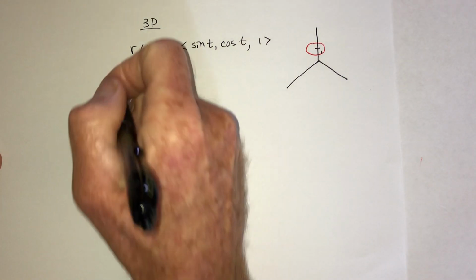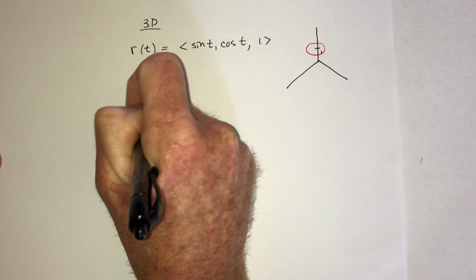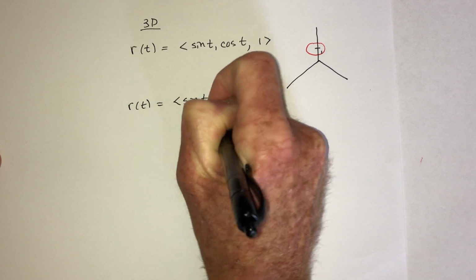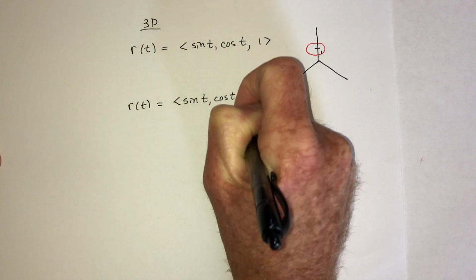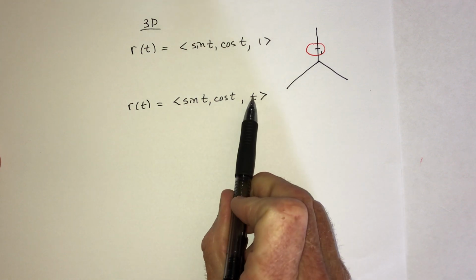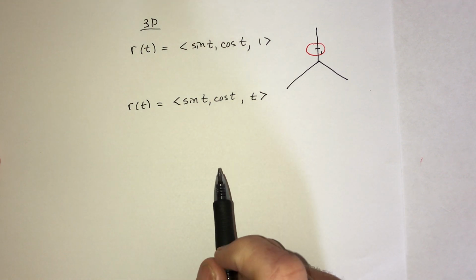Okay, pretty cool. What about if it's sine of t, cosine of t, and then t? So what if you change this last one to the parameter t?